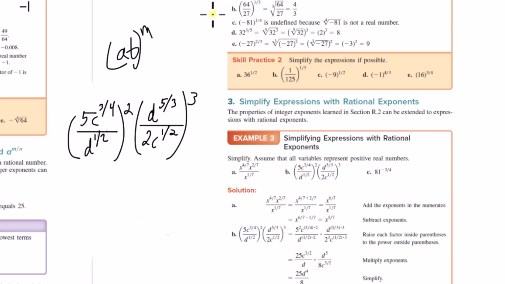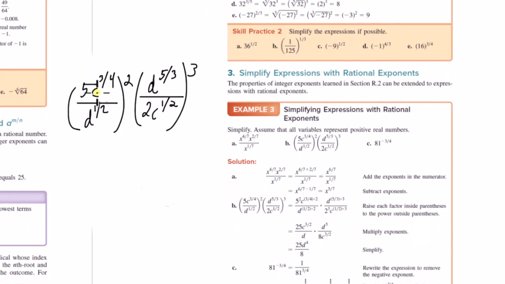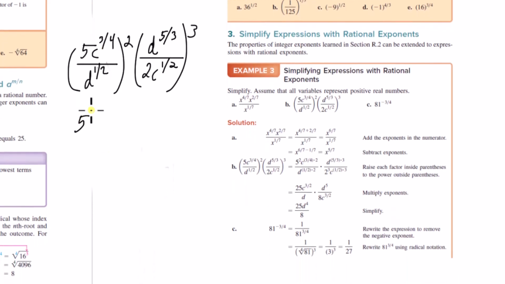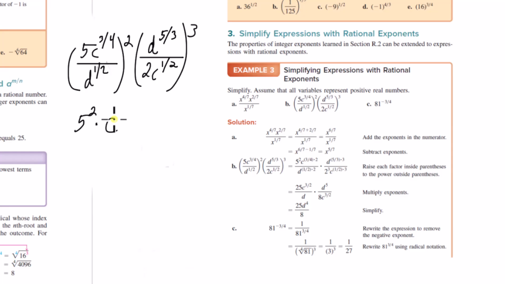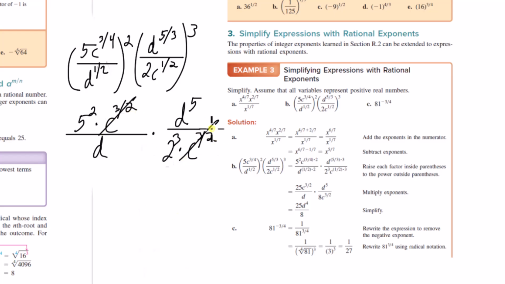So we've got 5c to the 3/4, all of that squared. So we're going to have 5 squared times c to the 3/4 squared. So 2 times 3/4 is 3/2. And then d to the 1/2 squared is just going to be d. Okay, d to the 5/3 cubed is just going to be d to the 5th. And then we're going to have 2 cubed, and then c to the 1/2 cubed is c to the 3/2. Okay, so these two cancel out. This goes away, and we're left with 25d to the 4th over 8.